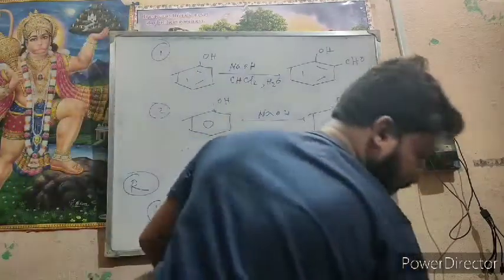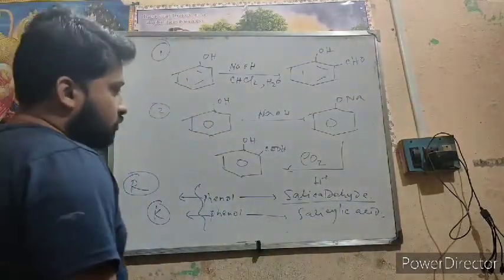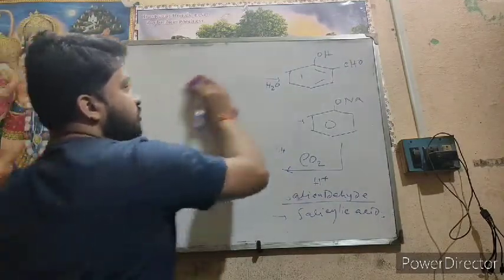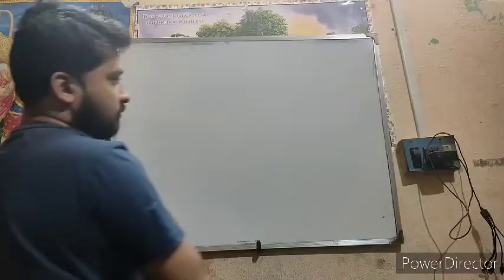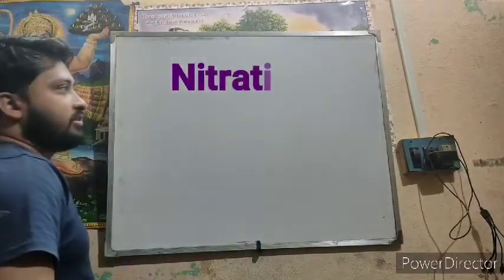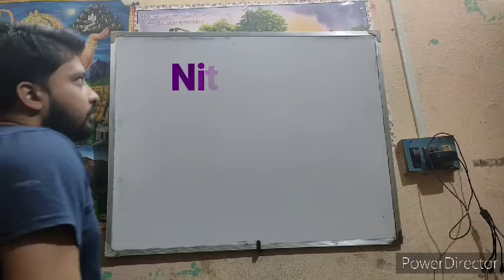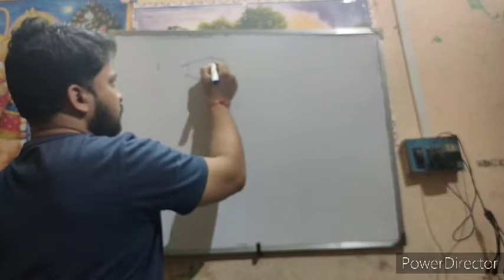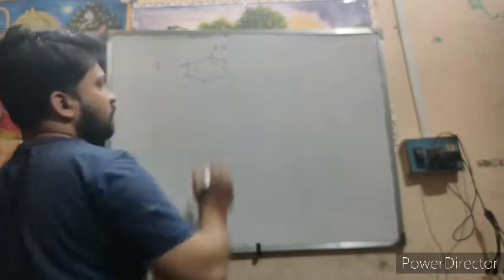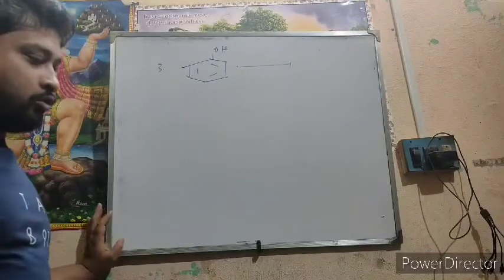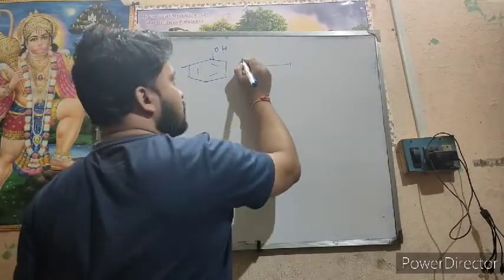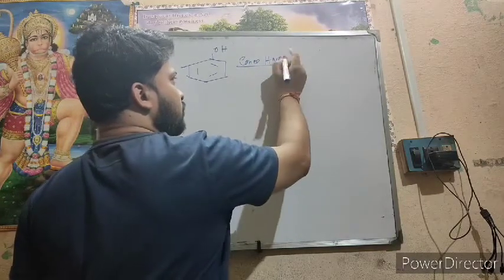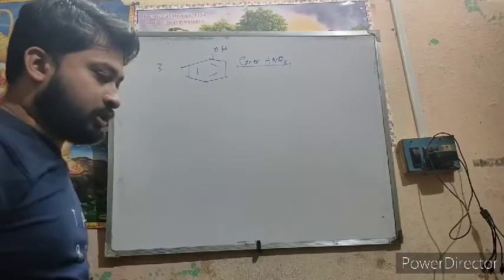Okay. Now I am going to the third reaction, that is nitration. For nitration, you should use concentrated H2SO4 and concentrated HNO3, or only concentrated HNO3. That also gives you the nitration product.